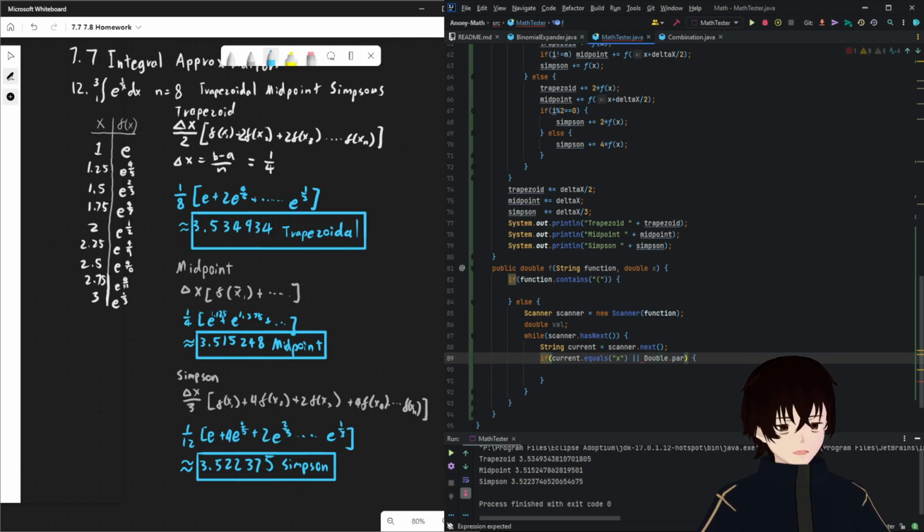Double.parseDouble. Would need a try catch for that. Oh yeah.